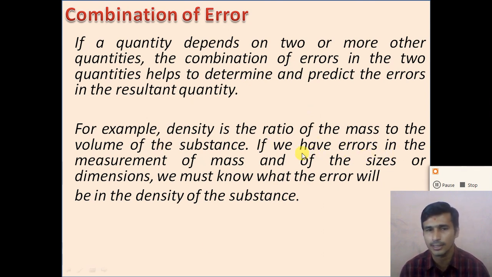If we have errors in the measurement of mass and of the size or dimension, we must know what the error will be in the density of the substance. Here we know the error in the mass and the error in the length, breadth, and height, so we can easily calculate the error in the density. So dear student, for that purpose we use the combination of errors.